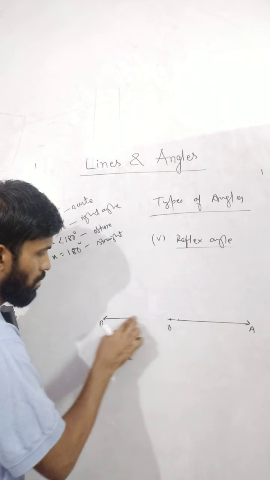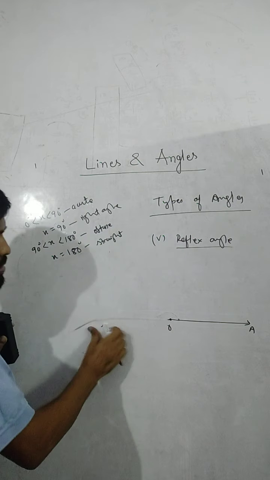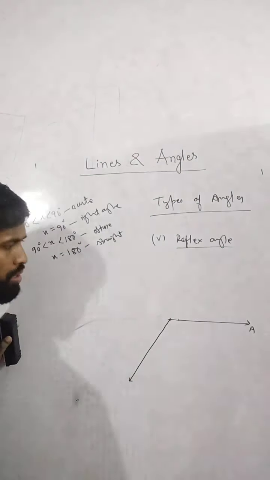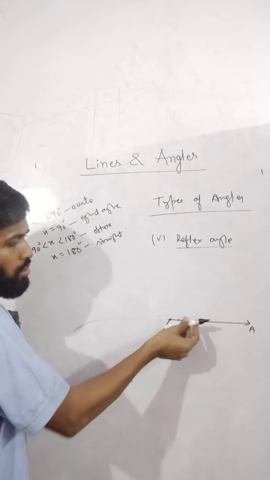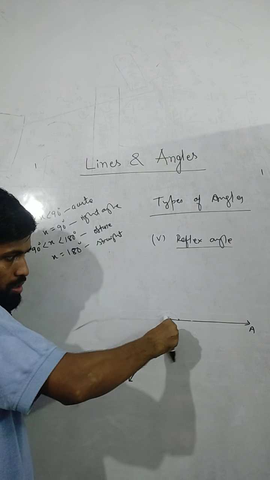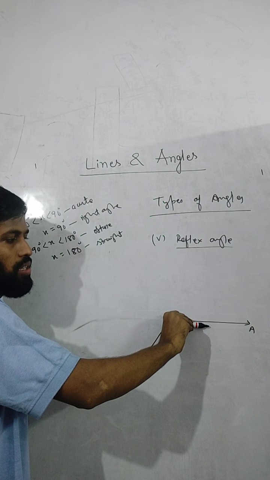So what will we do? We will extend this by some more. Let's say anything more than 180 but less than 360. Make sure this is your 180. You do not complete the angle, because if we complete it, it becomes 360. Less than that is okay, anything.